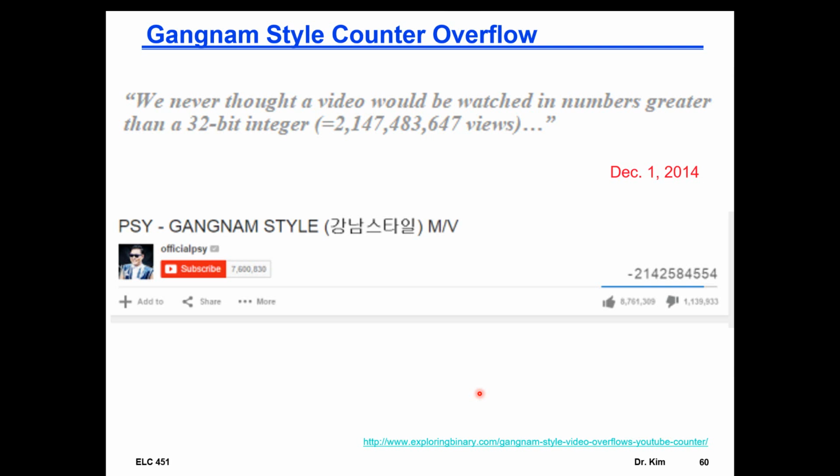So why do we care about number of bits? This is an anecdote. When YouTube started, they had the counter for views on videos as 32-bit integers.